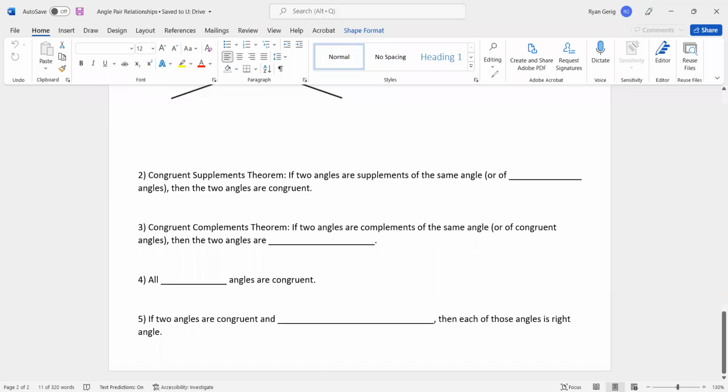Next, there's like 4 more. I'm not going to do all that proving with all of these, just the first one there. Congruent supplements theorem: if two angles are supplements of the same angle or of congruent angles, then the two angles are congruent.